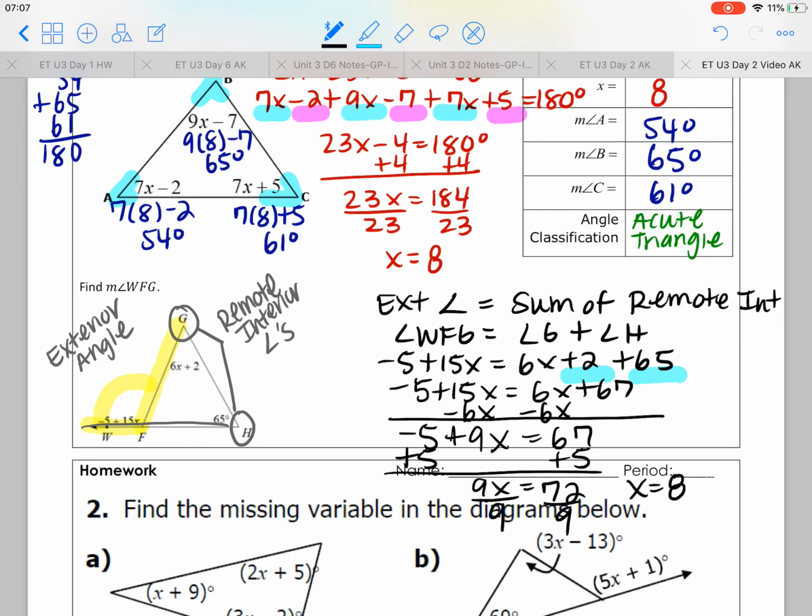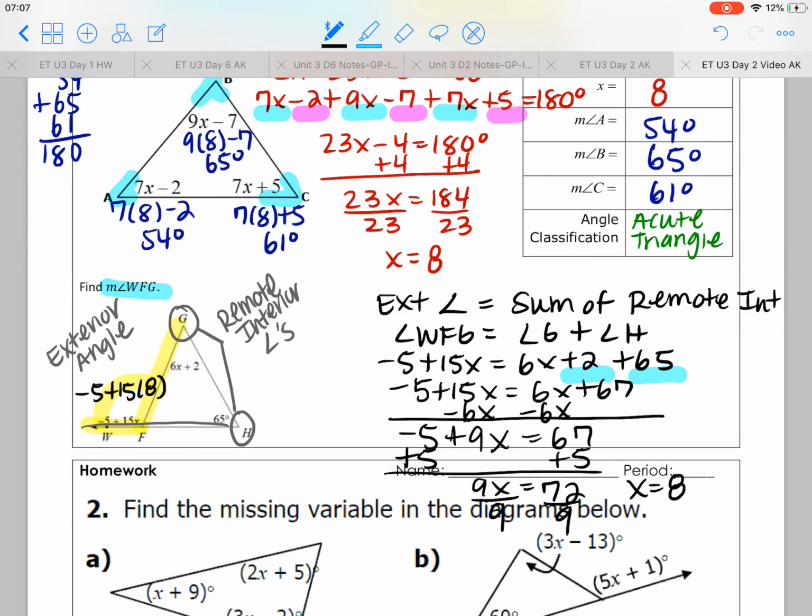Okay, still not done, because the question is asking me to find the measure of that angle, which is the exterior angle. So there is one more step that we need to do here. We need to evaluate -5 plus 15 times x, which in this case x is 8.